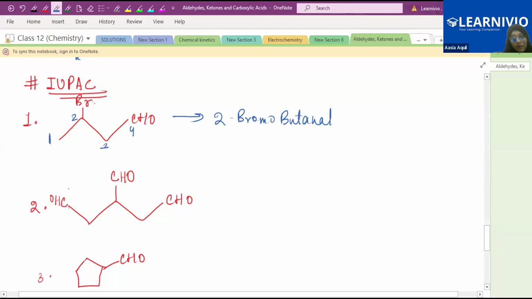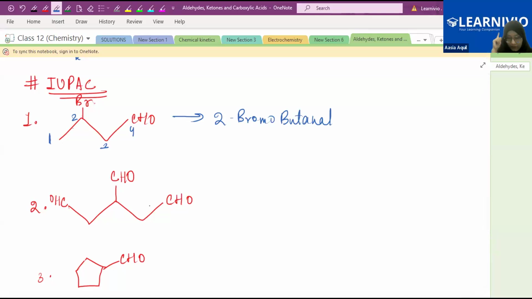You can't include this. So 1 CHO you will treat as a substituent, and the other 2 you will include in the chain. But how can you write down the name? See, there is a trick. If you include the carbon of the aldehyde group in the parent chain, you will use the suffix al for the aldehyde.